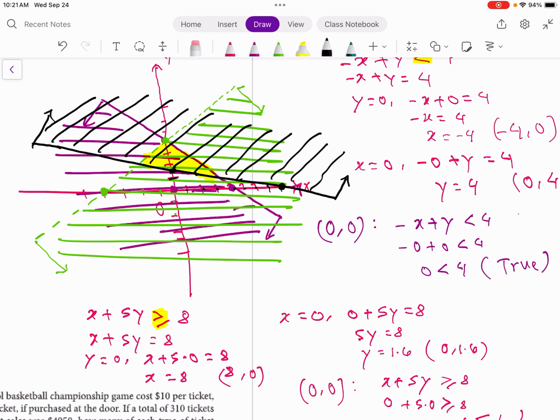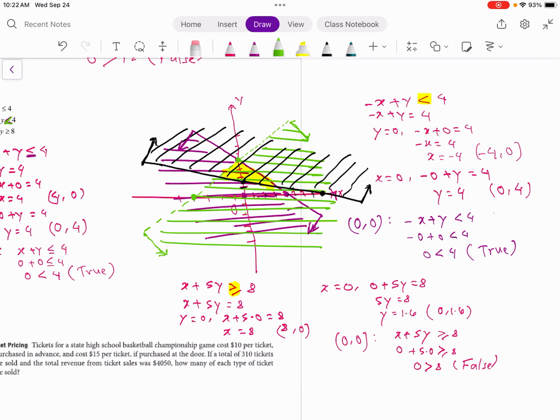Here the arrow is pointing downward, meaning every point below the line is a solution. Same thing here, so use these arrows at least. If you use these arrows instead of shading, you can know where the solutions are. But for this common region, make sure to show it. This common region is the solution for this system of linear inequalities. Any question up to here?